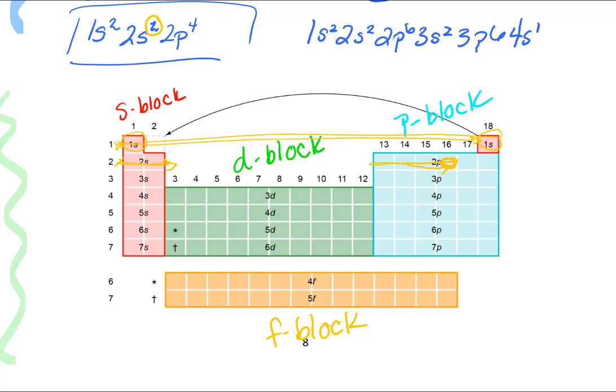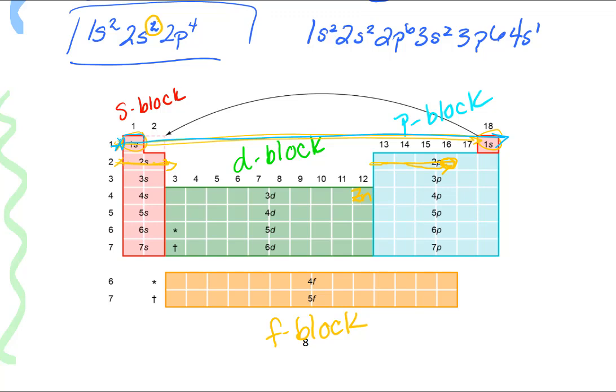So let's do zinc then. We've got zinc right here. To figure out zinc's electron configuration, we're again going to read our periodic table like it's a book. We start here at 1s and come across to finish our 1s.